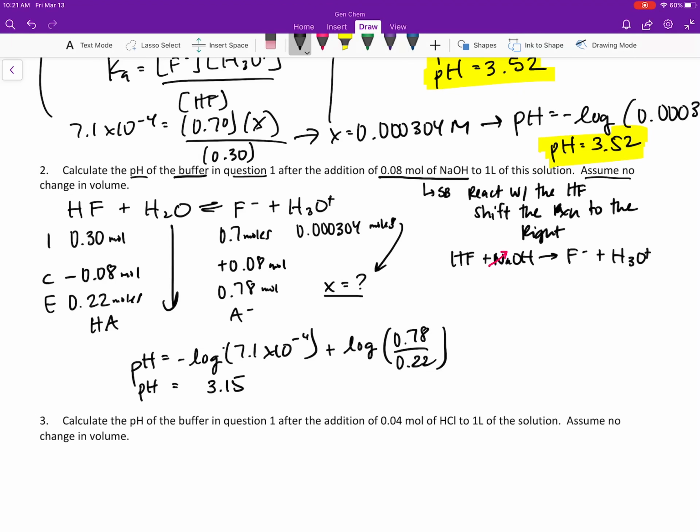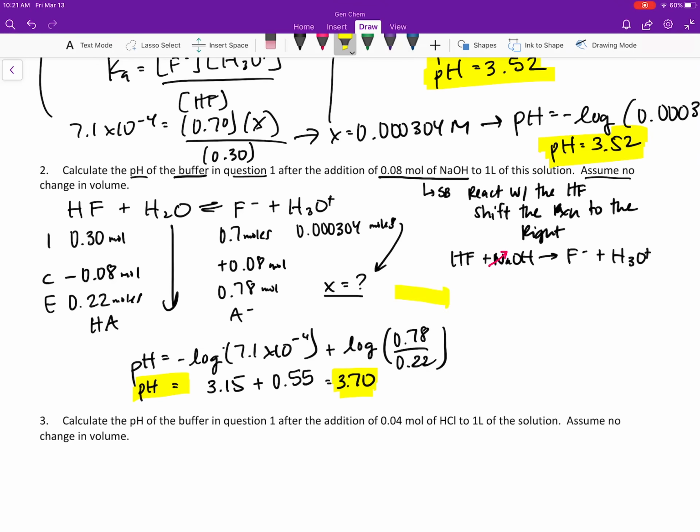Oh, there we go, I was doing something wrong. I'm doing this on my phone calculator, which I would absolutely not recommend. Which gives me a pH of 3.7. So you take the 0.78 divided by the 0.22, and then take the log of that, and that's where the 3.7 comes from.